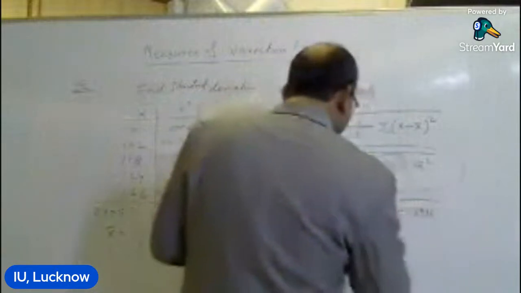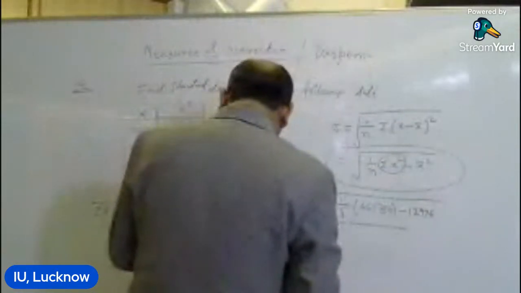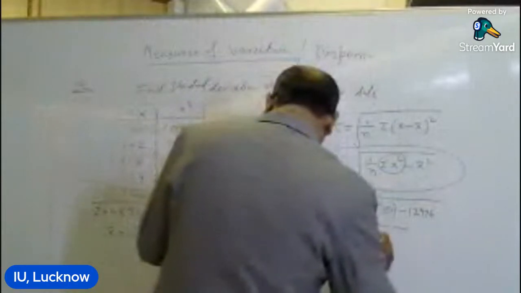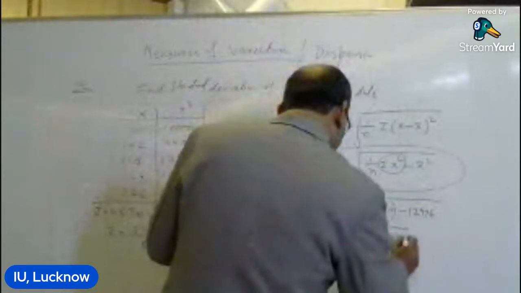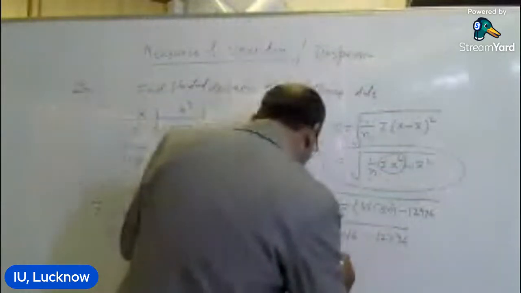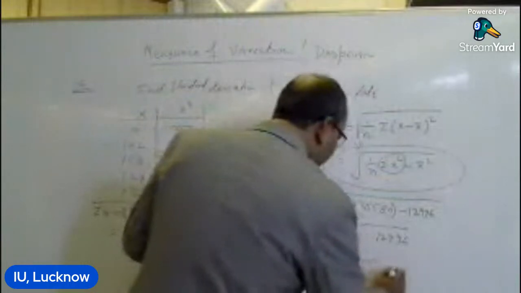So simplifying this is 13116 minus 12996, and after simplifying this, you will get 10.95 grams.